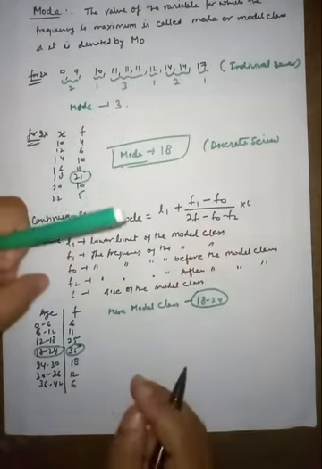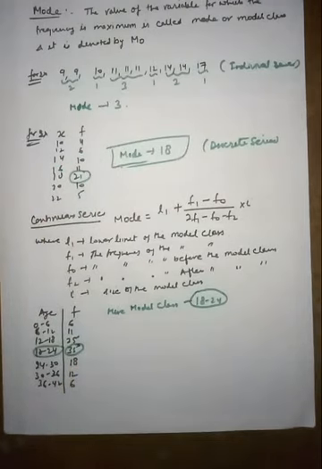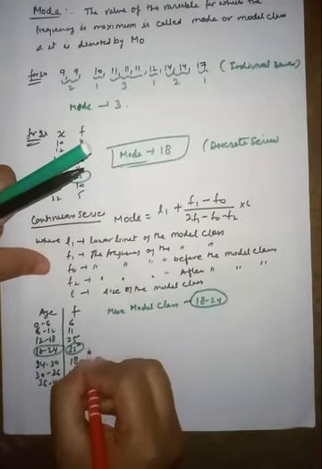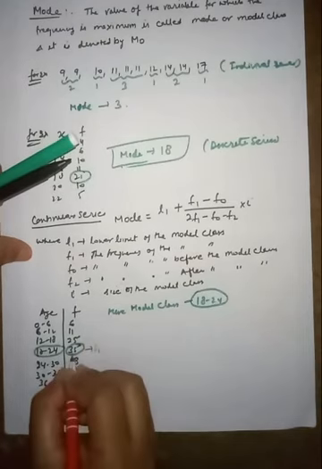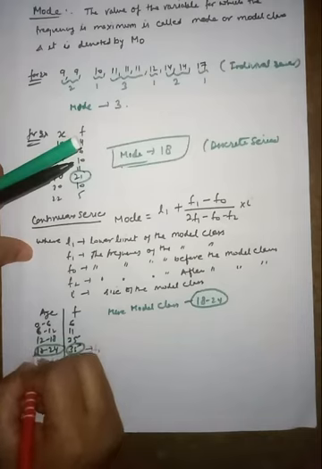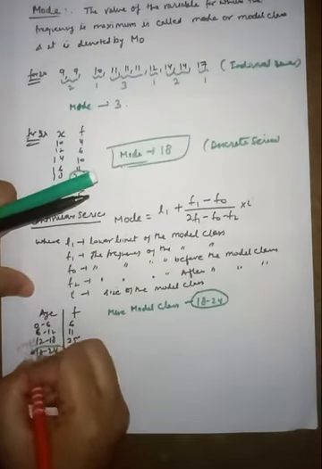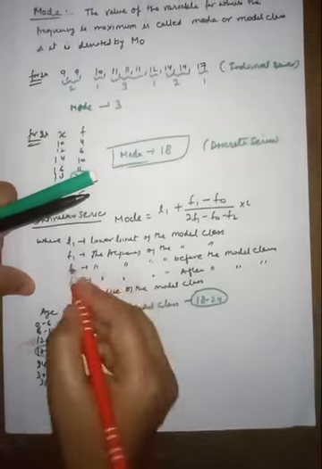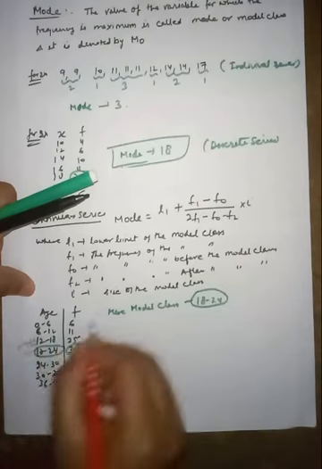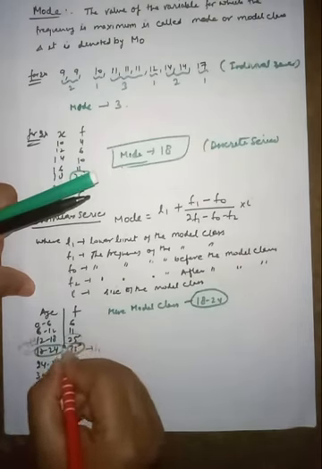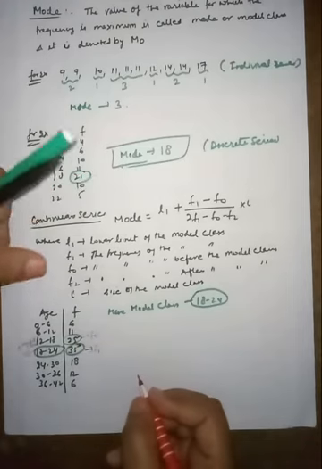Consider this as F1. This is your F1, 35. This is called the modal class. Now we know F0. F0 is the frequency before the modal class. So this is 25. This 25 is known as F0.